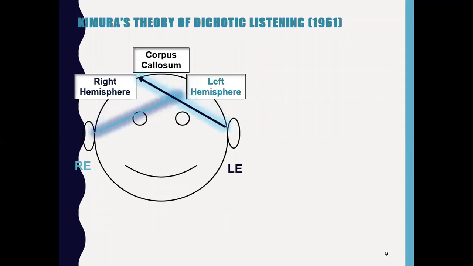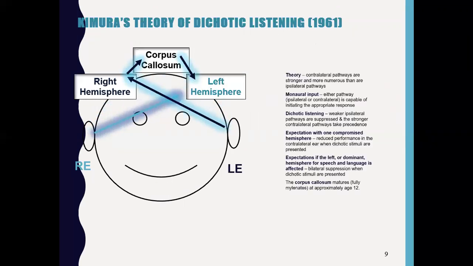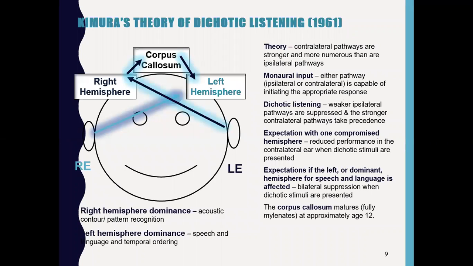So then we're going to go to dichotic listening, which again, we talked about in the last few weeks in terms of 60% of the children diagnosed with an auditory processing deficit have dichotic listening difficulties.